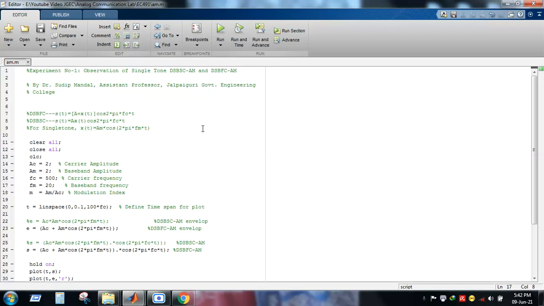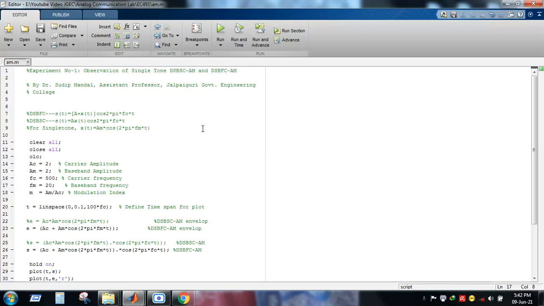Okay, so let's start. This is the first experiment, and today we'll observe the single-tone DSB-SC and DSB-FC amplitude modulated waveform using the MATLAB simulation tool.